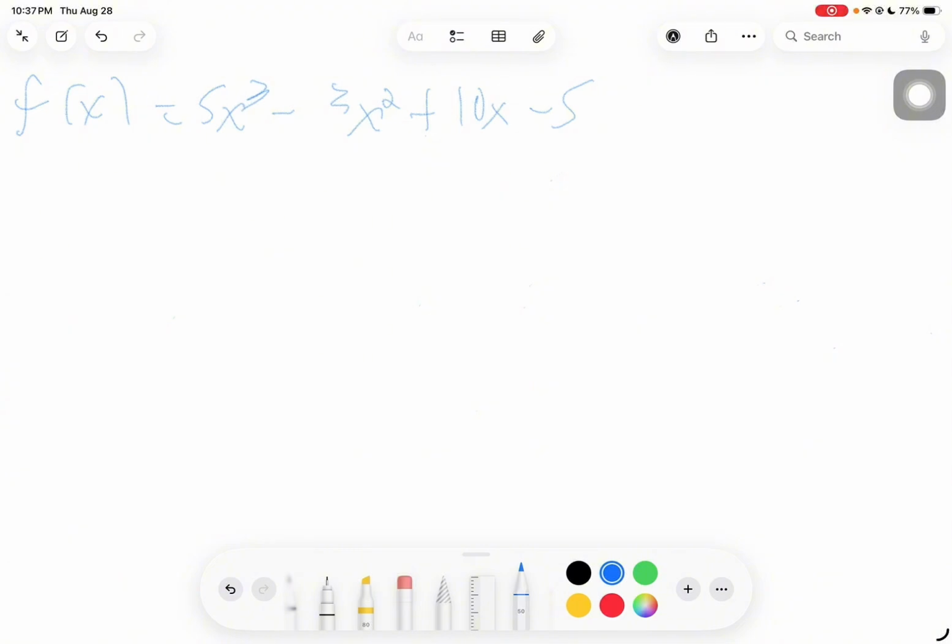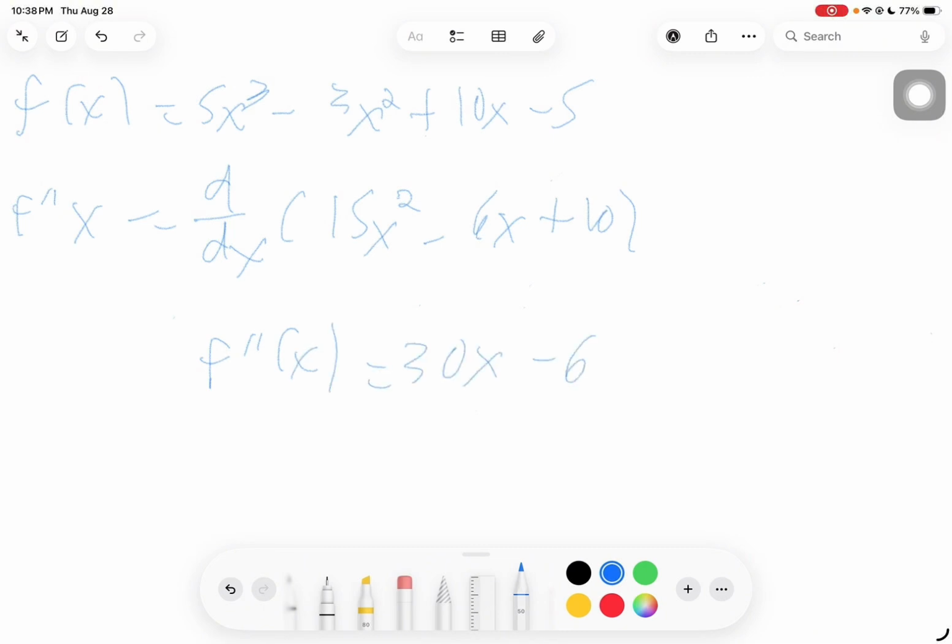So the second derivative f double prime of x is equal to d over dx of 15x squared minus 6x plus 10. Now we will simplify it. So the second derivative is 30x minus 6. So that's how you get the second derivative.